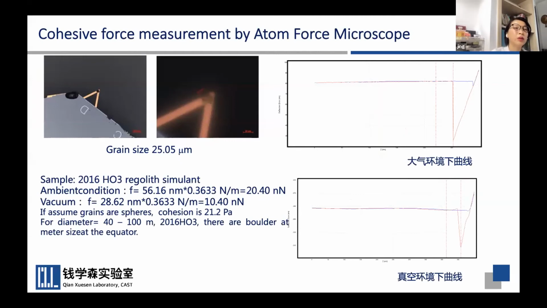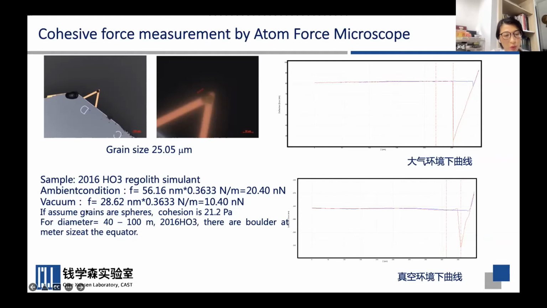Also, we have conducted some preliminary measurements on the cohesion force by atomic force microscope. The sample is our regular simulant. The grain size is about 25 micron. Under the ambient condition, the force is this, and under vacuum it is half of the force.